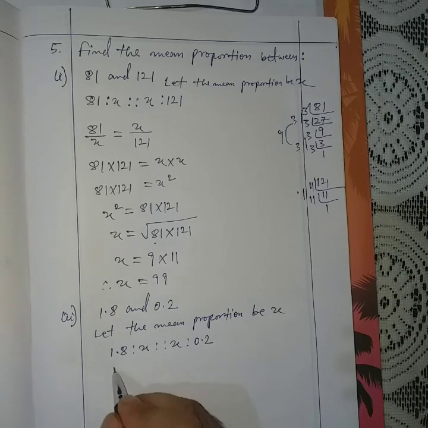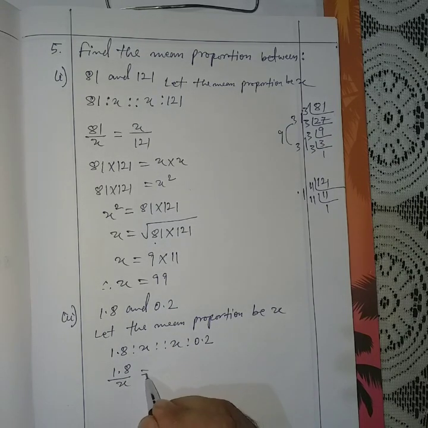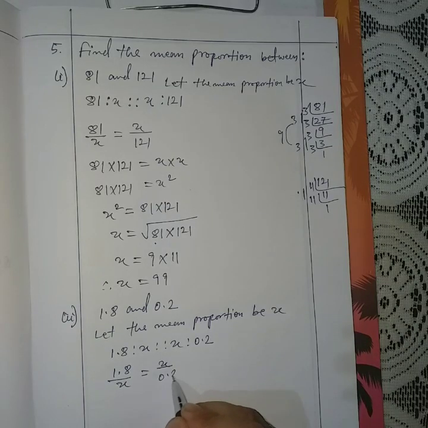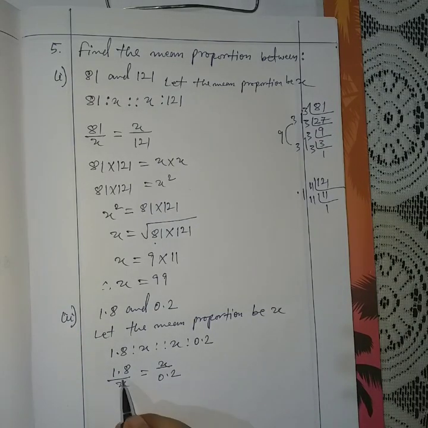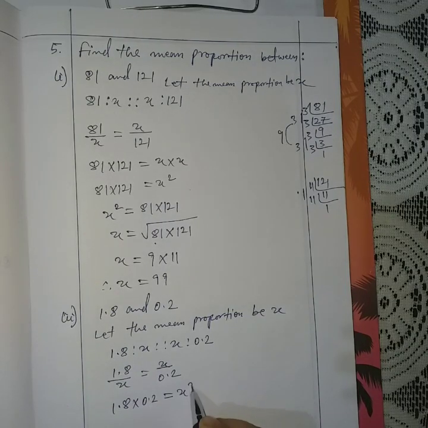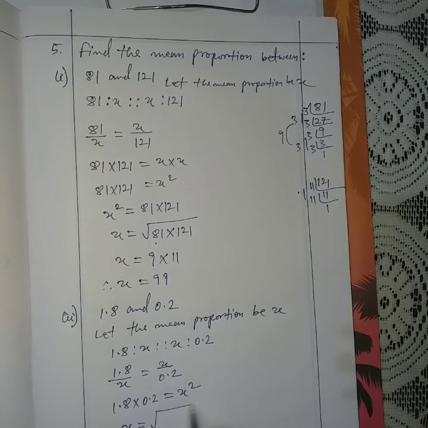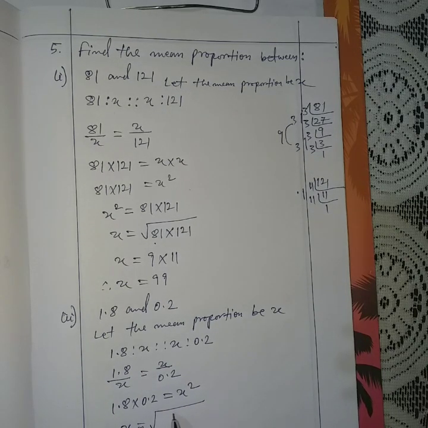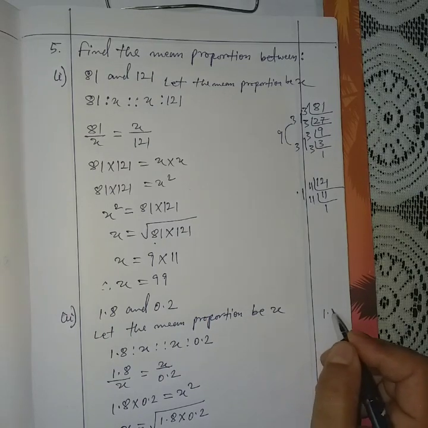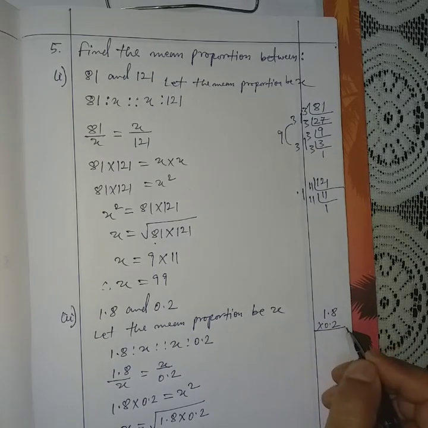If they are in proportion, we can write 1.8 by x is equal to x by 0.2. Now 1.8 into 0.2 is x square, x into x. So x is the square root of 1.8 into 0.2, which you can calculate to get 0.36.